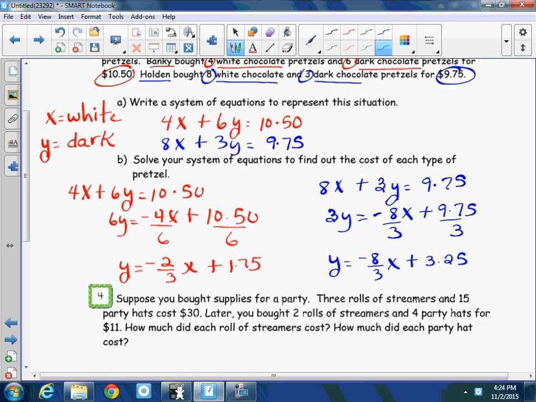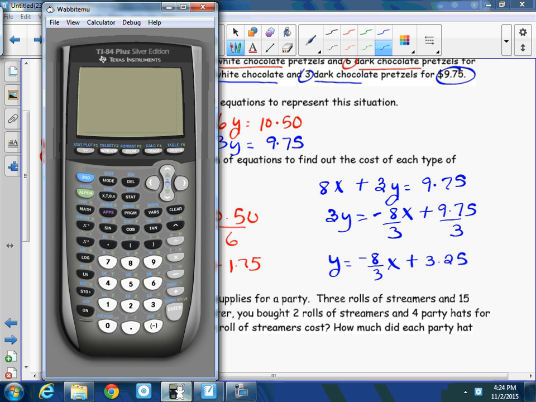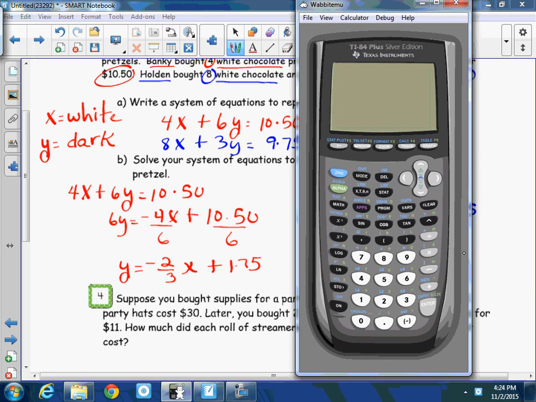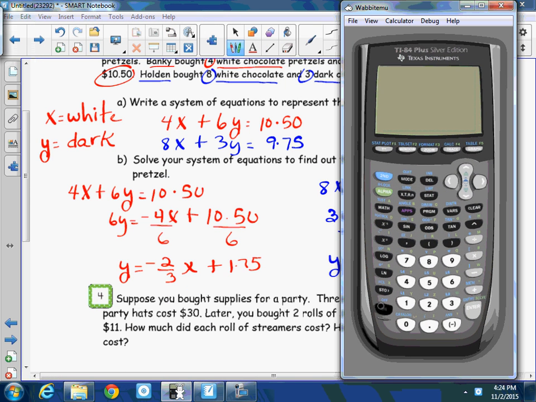Okay, so now I'm going to go to my calculator, go to y equal to, and write those two equations. So the first one is negative 2/3 x plus 175.